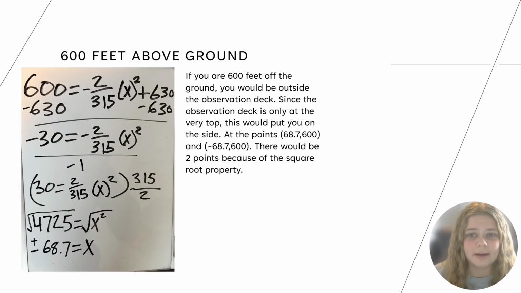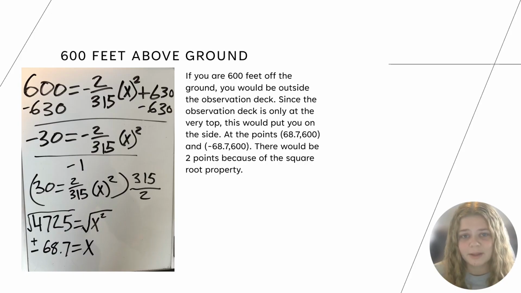Then I multiplied everything by 315 divided by 2, which is just the reciprocal of 2 divided by 315, to get 4,725 equals x squared. Now, to get rid of the x squared, you will square root each side, and when we square root each side, we have to add the plus or minus to make sure that we account for both of the points. So we will have 2 points or 2 locations that you can be at if you're 600 feet off the ground.